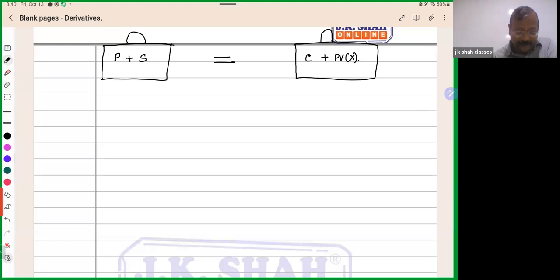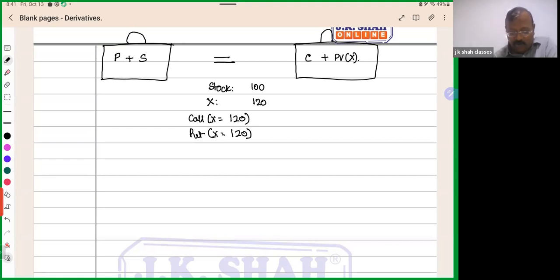Let's take some data. Let's say there is a stock with market price of, let's say, 100. Okay? Let's say there is a call. Strike price लेते हैं 120, right? That means we are talking about a call with a strike price 120 and put with a strike price 120.